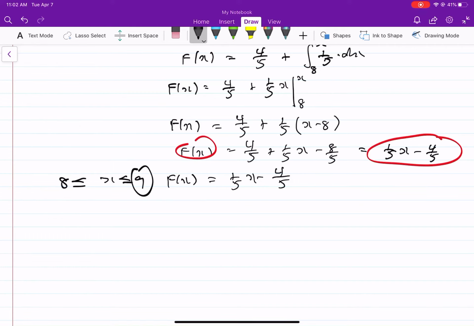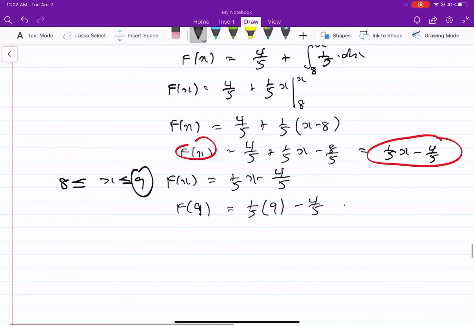When I plug in 9 into big F of x, I'm saying I'm accumulating all the probability up to and including x equal 9. And because x equal 9 is the last value in that domain, then I clearly would be accumulating a total probability of 1. Let's see if it makes sense. Big F of 9 is equal to 1/5 times 9 minus 4/5, which is 9/5 minus 4/5, which is 5/5, or 1.